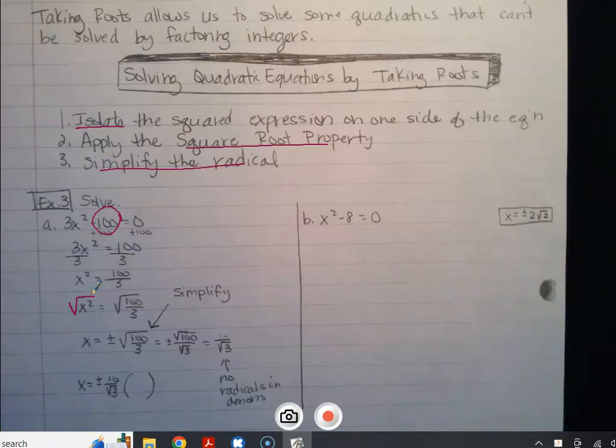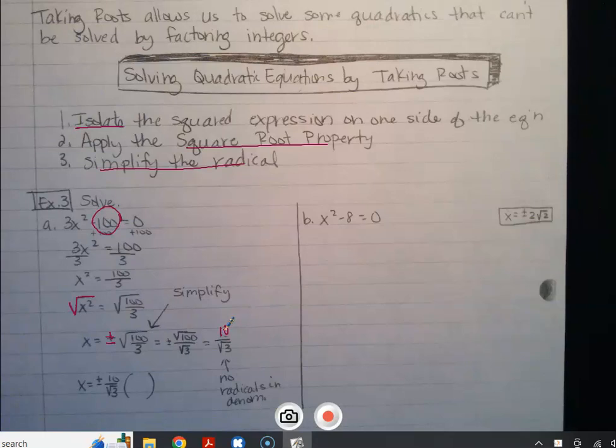So when we find the square root, it equals the positive and the negative of the square root of 100 thirds. The nice part is the square root of 100 is 10. So it is 10 over the square root of 3, but we can't have that radical in the denominator.